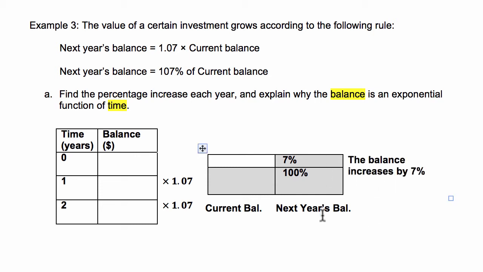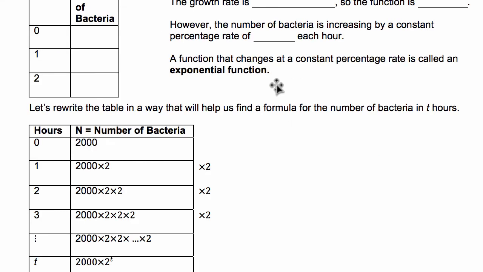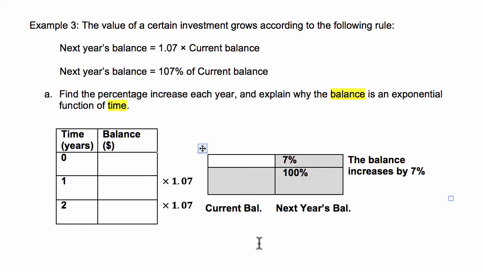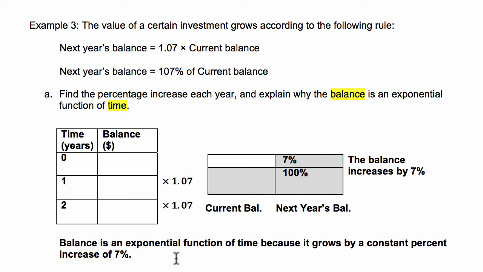That is, next year's balance is 7% more than the current balance. This is the percent increase. Recall, a function that changes at a constant percentage rate is called an exponential function. The balance of our function is increasing by 7% each year. This means balance is an exponential function of time because it grows by a constant percent increase of 7%.